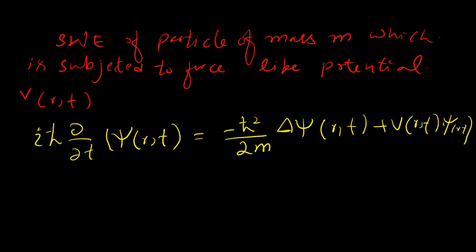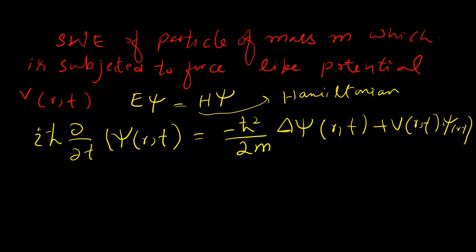Here we know that the general form of the Schrödinger wave equation is Hψ = Eψ. So here H is the Hamiltonian operator. Correspondingly, it gives us the total energy of the system.